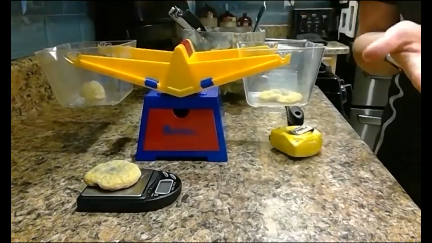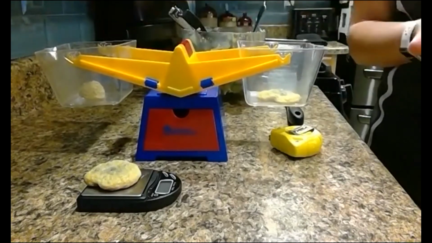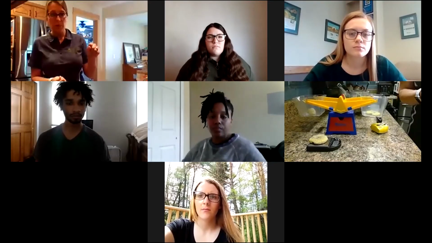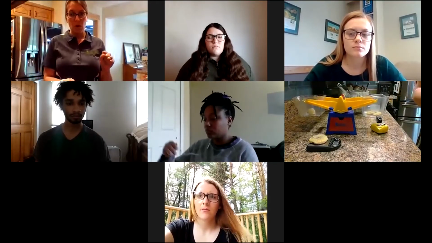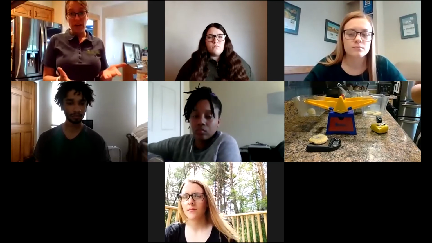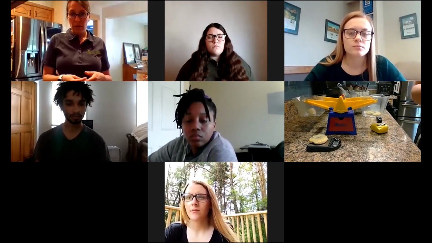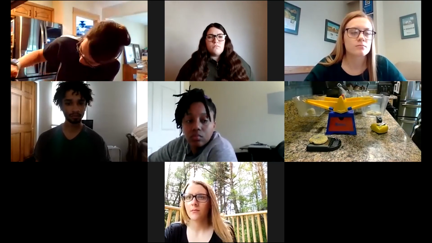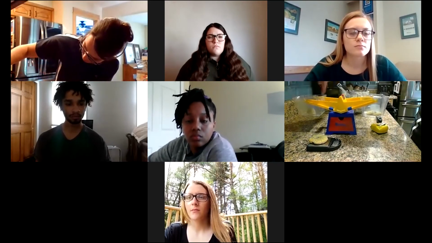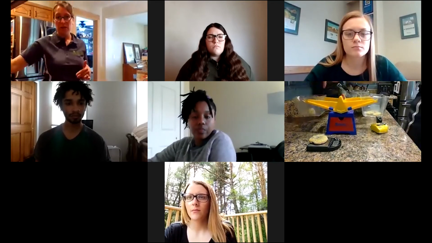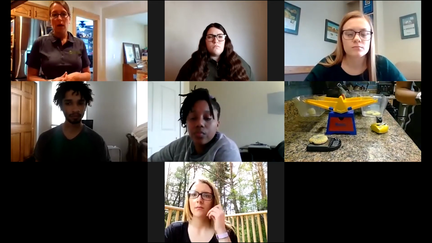So it could be I just picked a big cookie. Because as much as I try to be precise with scooping them with the measuring tool, we do have variations and variability in our science practices. So this time around, and I know it's hard to see through the camera, it is slightly lower on the cookie dough side.